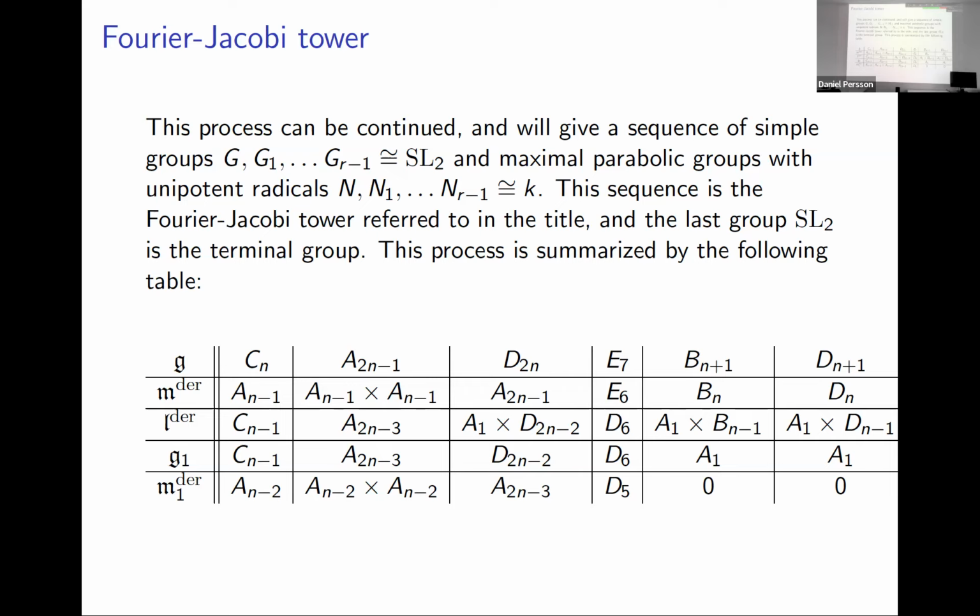GL1 times SO2n plus 1 with a commutative unipotent radical, and Heisenberg is GL2 times SO2n minus 1. Okay. And then when you look at derived, it's SL2 times something smaller, but I will again write it like this.